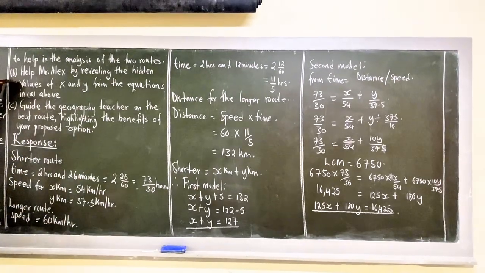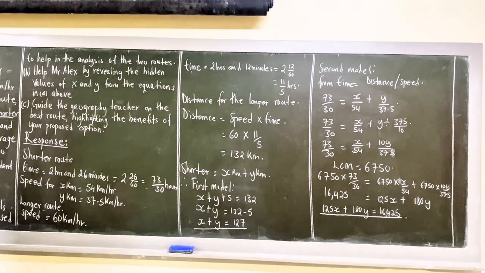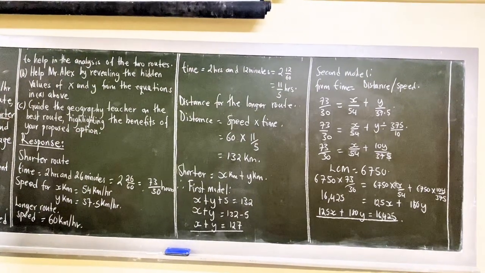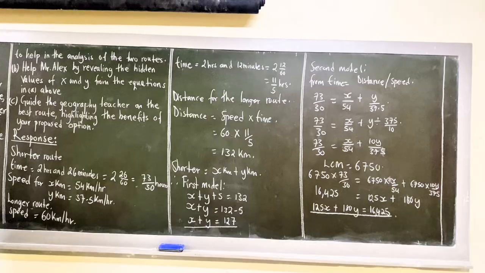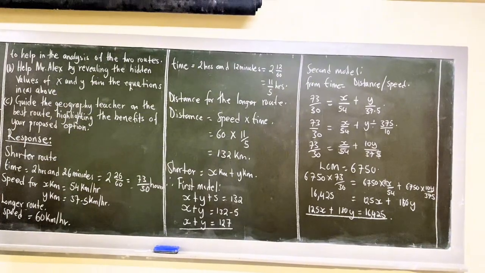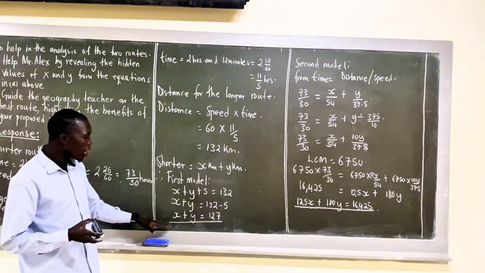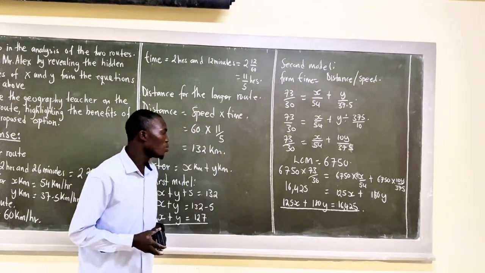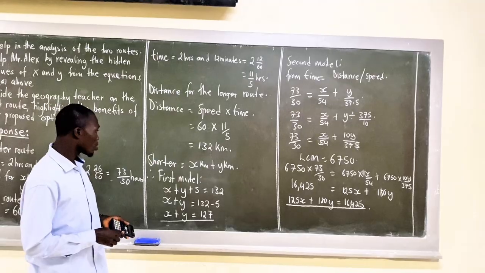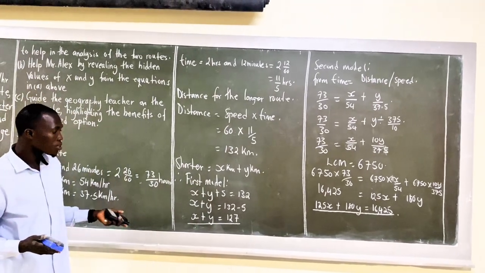So it will take us now to the next task, that is to help Mr. Alex by revealing the hidden values of x and y from the equations in A and B. So for us to do this, we have two equations, equation 1 and equation 2. So we are going to solve them simultaneously.